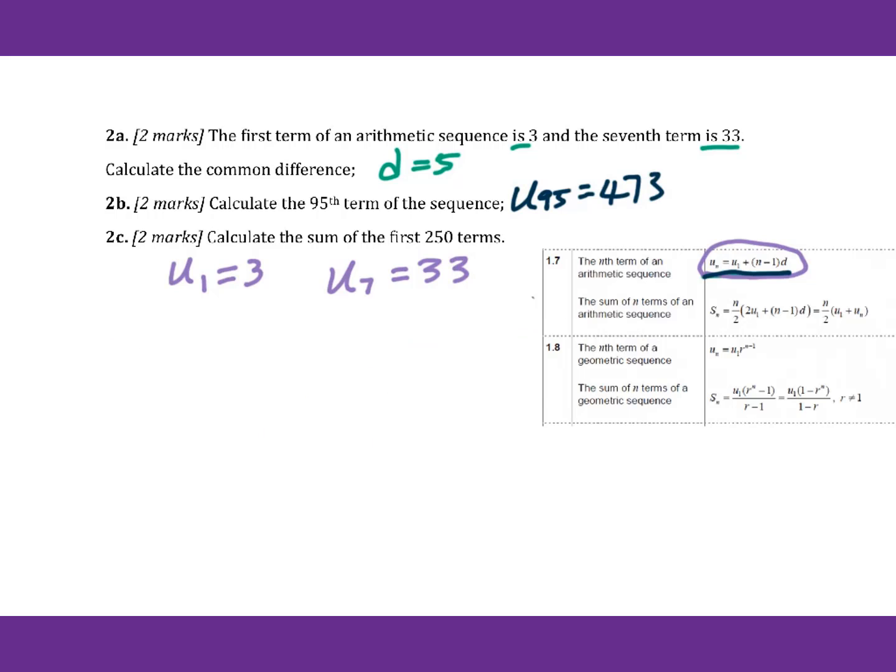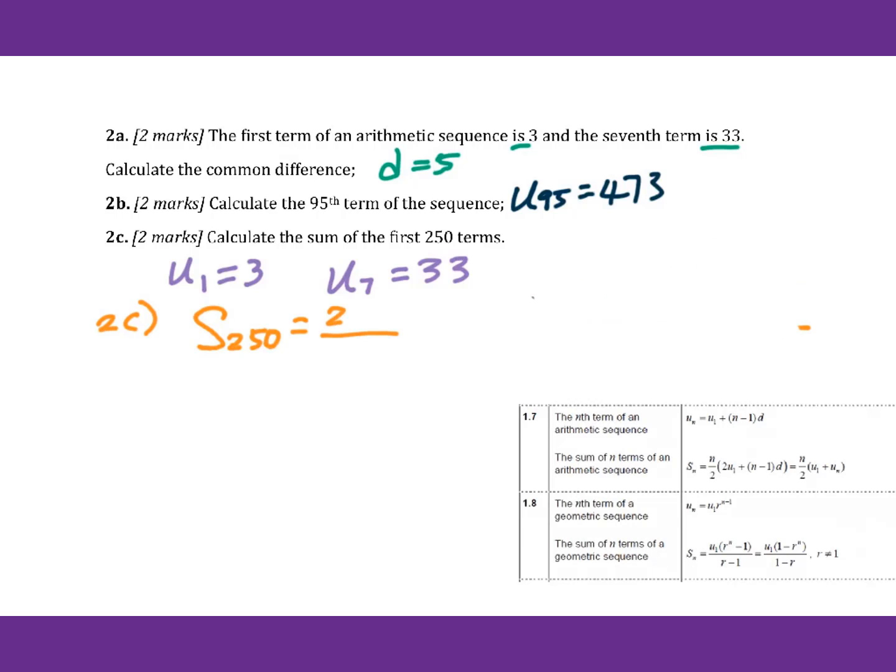Look at the 2c. Calculate the sum of the first 250 terms, which means s sub 250. We still use the first formula. So every single n you need to change into 250.